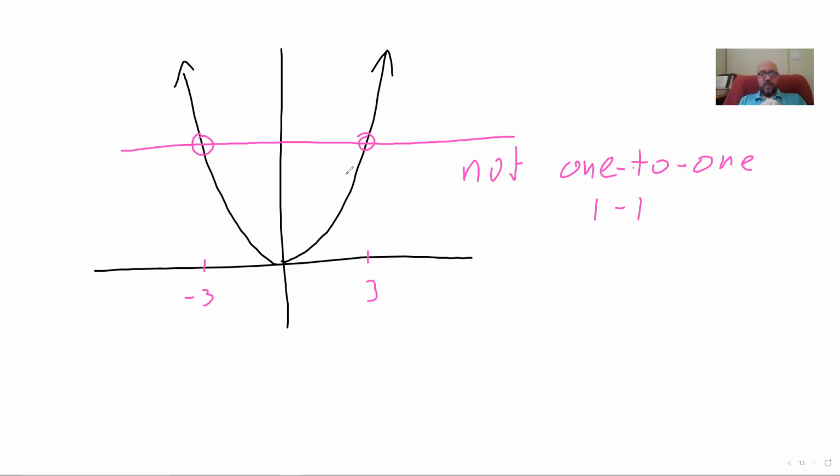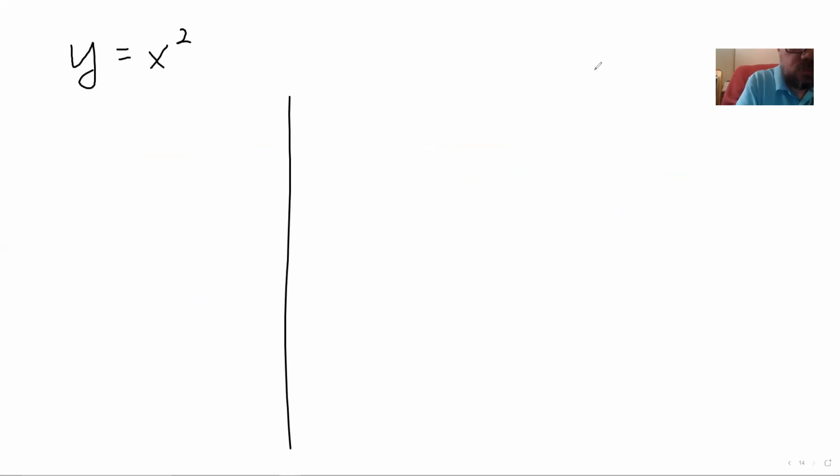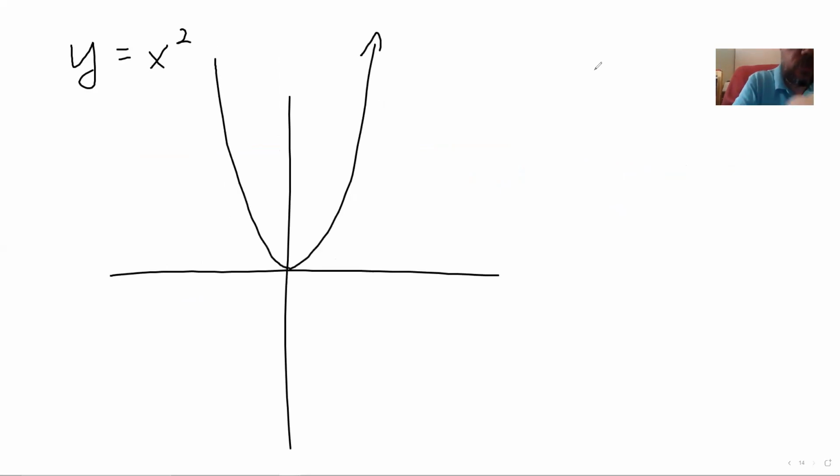Let's go look at this. So if I have this, y equals x squared, that's a perfectly good function, and it has an inverse. It's just that its inverse is not a function. Its inverse is this.